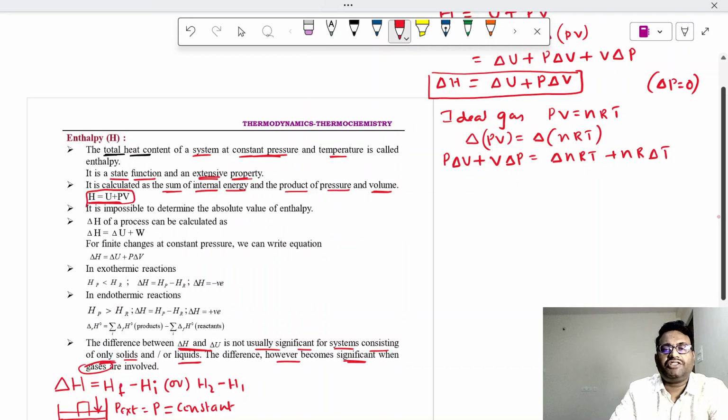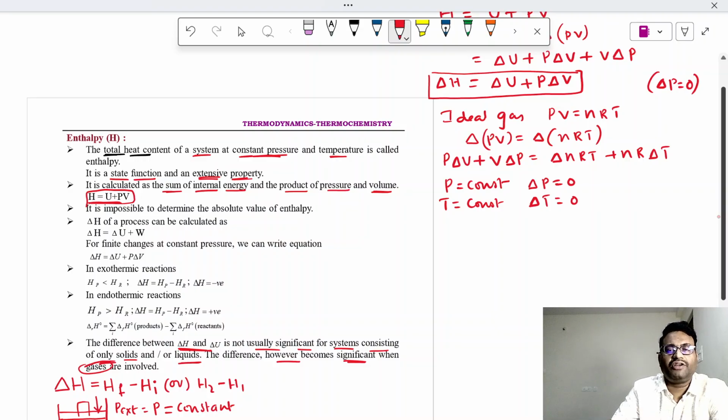Already we have seen that P is constant, pressure is constant. When pressure is constant, delta P is equal to 0. T is also constant, because most of the reactions occur at a constant temperature. So delta T is also equal to 0.